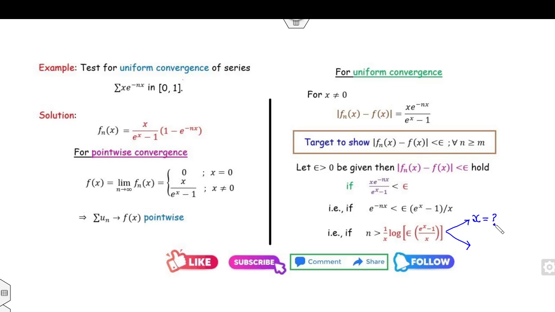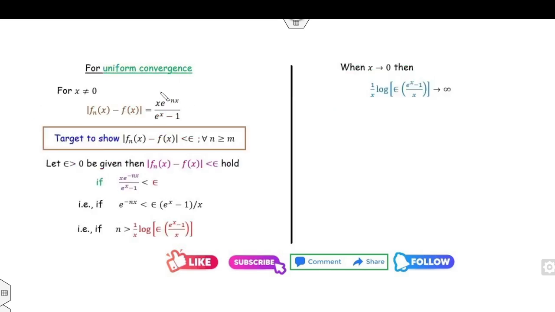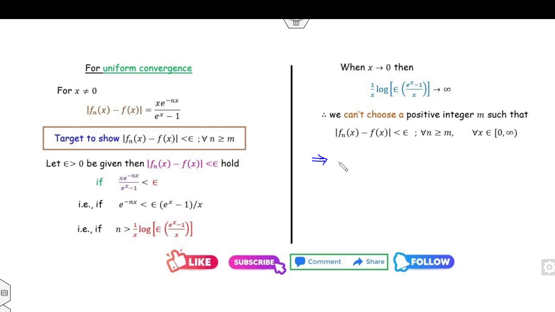Fine. Once you find the value of n, we have two cases. Can you find the value of x so that n becomes infinity? Clearly, because of this expression, if I choose x approaches 0, and 0 is part of the domain, then whenever x approaches 0, this quantity becomes infinity. What does it mean? We are unable to find the positive integer N so that this condition is satisfied.